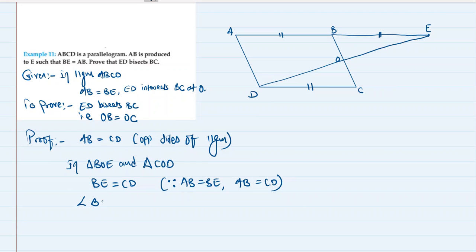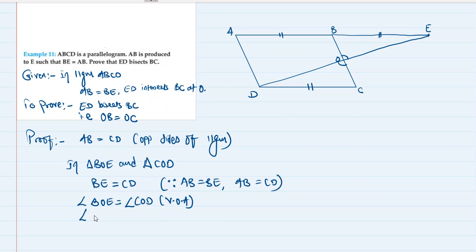Angle BOE is equal to angle COD, vertically opposite angles. That is done.